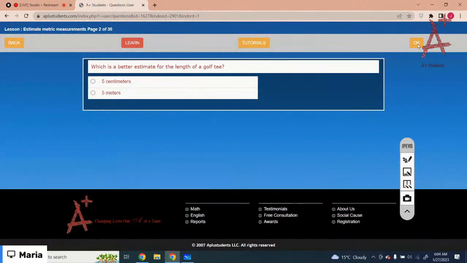Okay, which is a better estimate for the length of a golf tee? 5 centimeters or 5 meters? It would be 5 centimeters. Got it? Because 5 meters is too long.